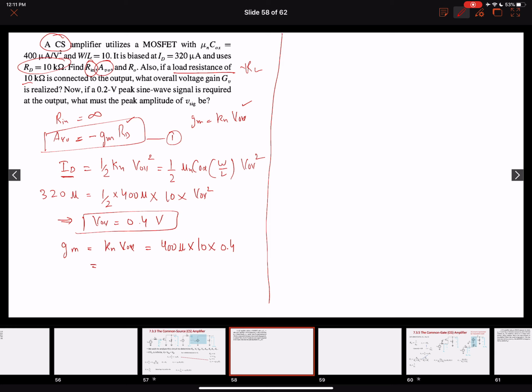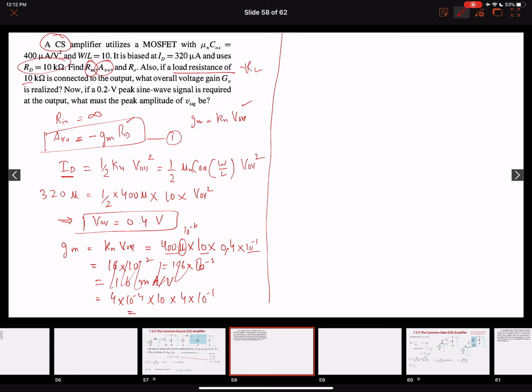So it is 4 into 10 to the minus 4, because it was micro, 10 to the minus 6, into 10 into 4 into 10 to the minus 1.